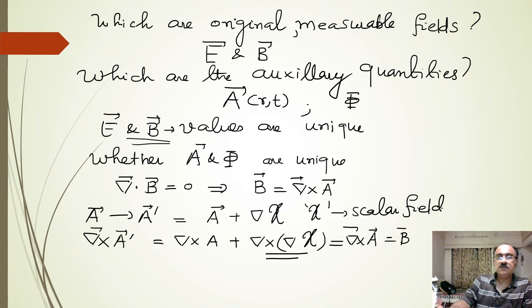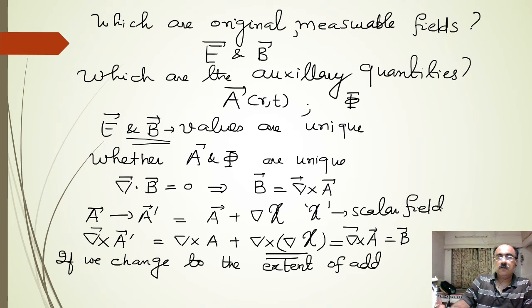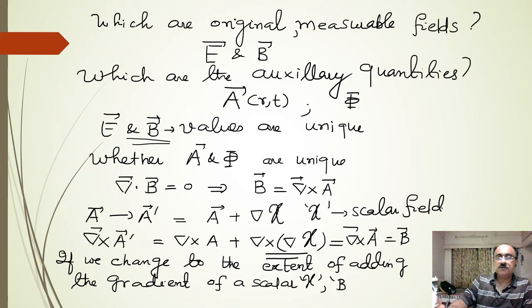So if we change A to the extent of adding the gradient of a scalar chi, B does not change.